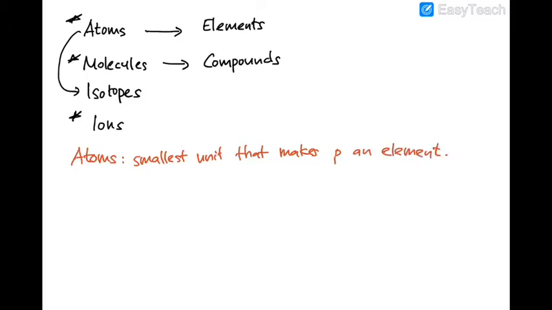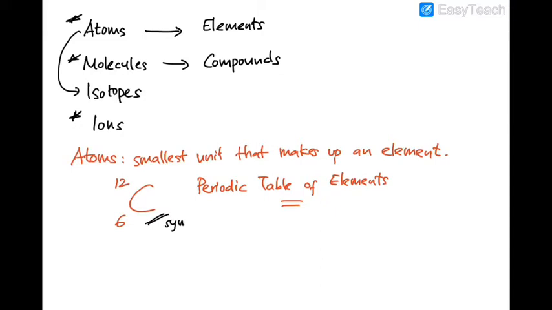So say you have the atom of carbon like this, and if you take a look at the periodic table of elements that we will also talk about a bit later on, you will see two different numbers. You will see 12 and you will see 6. So this is the name of the atom, or the symbol of the atom, which is short for carbon.